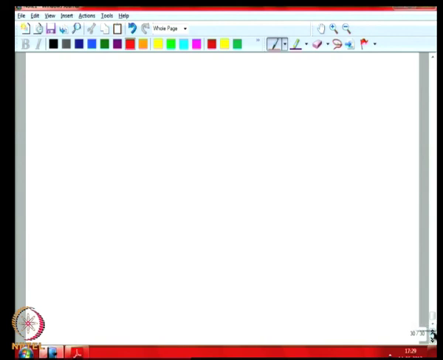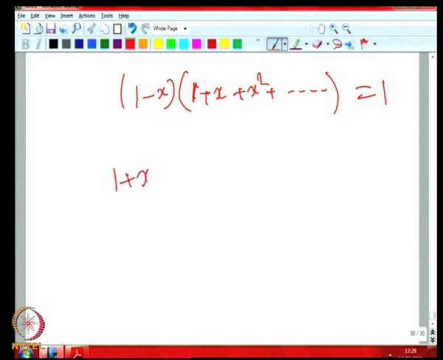So we can say that 1 minus x into 1 plus x plus x square plus is equal to 1. So that means this sequence 1 plus x plus is equal to 1 by 1 minus x.